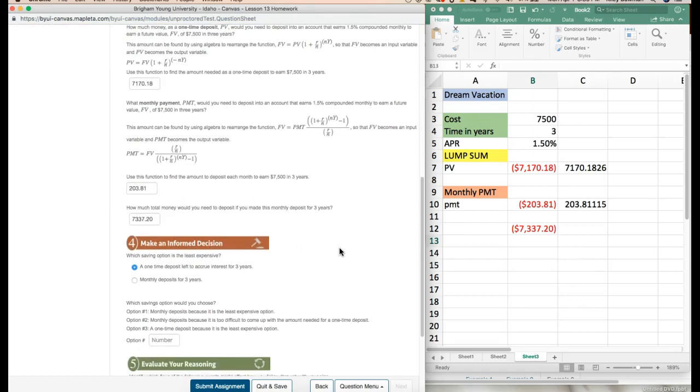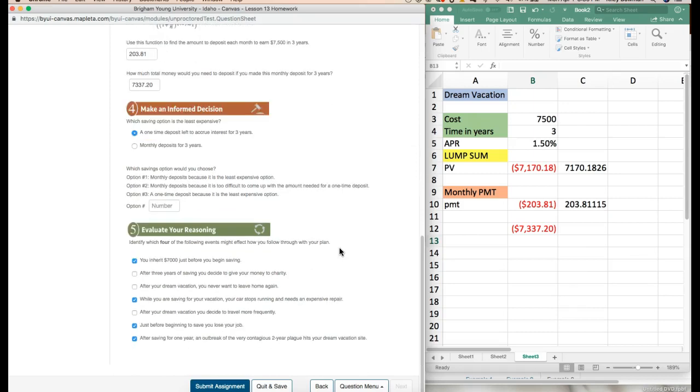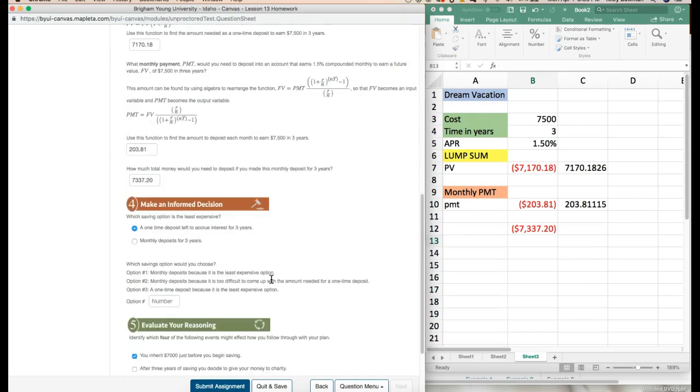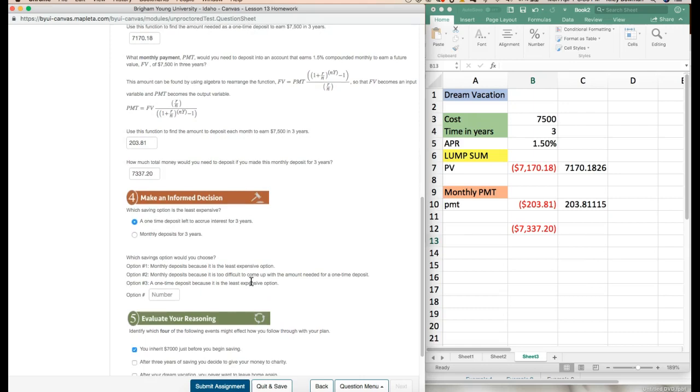I'm guessing that that extra 300 isn't going to be that much beyond that. So I'm going to say, and this last one, a one-time deposit, because it is the least expensive option. It is, however, a lot of money to put down. So I'm going to go ahead and put option number 2.